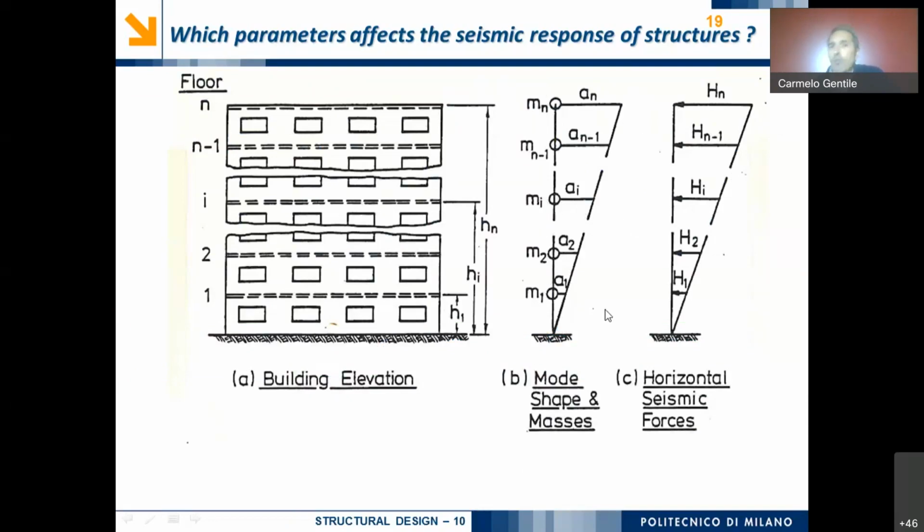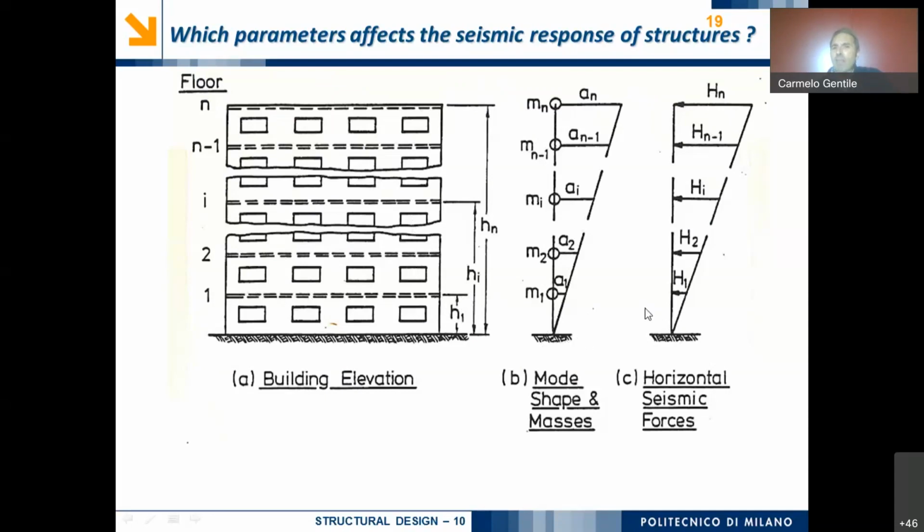Okay, so for example, at the first, second, third floor, the mass is proportional to the mass of the floor, because most of the mass is concentrated at the level of the floor.